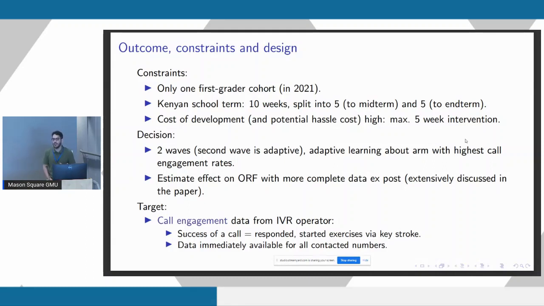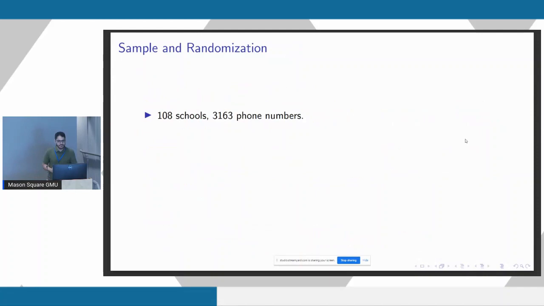So as you can imagine, it's relatively easy to build a data pipeline that automatically analyzes the data and generates assignment shares. Our sample has 100 schools, 3,000 phone numbers. We do a stratified adaptive random assignment in 2 waves.